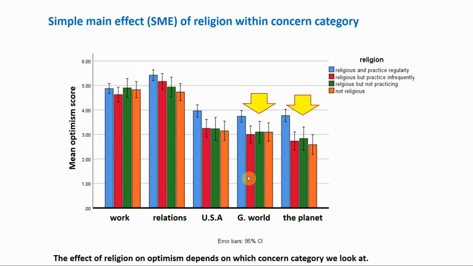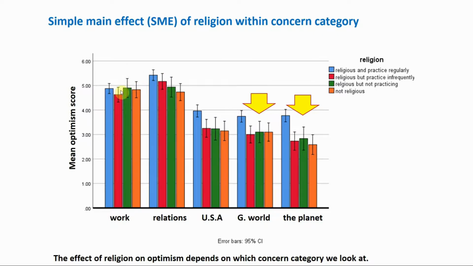But then we moved over to global world, and the pattern doesn't change very much. And that's going to be true when you get here. If you look at this pattern, it very much resembles the other two. But over here within this grouping, within the relationship question, we begin to see the pattern change. And then it changes again here.